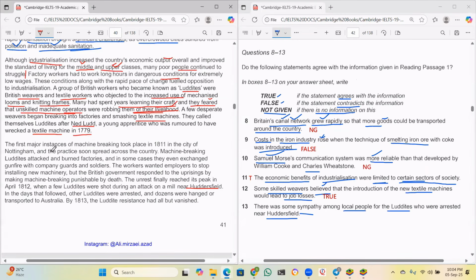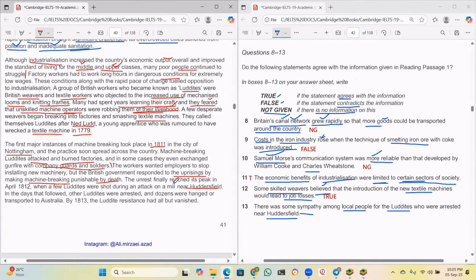The first major instance of machine breaking took place in 1811 in the city of Nottingham, and the practice soon spread across the country. Machine breaking Luddites attacked and burned factories, and in some cases, they even exchanged gunfire with company guards and soldiers. The workers wanted employers to stop installing new machinery, but the British government responded to the uprisings by making machine breaking punishable by death.